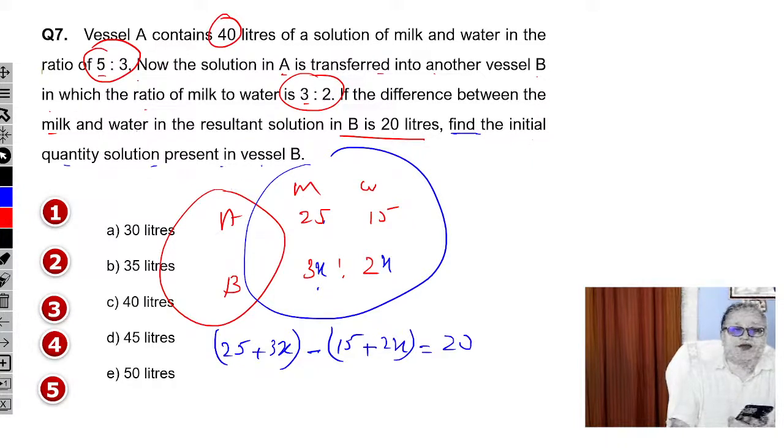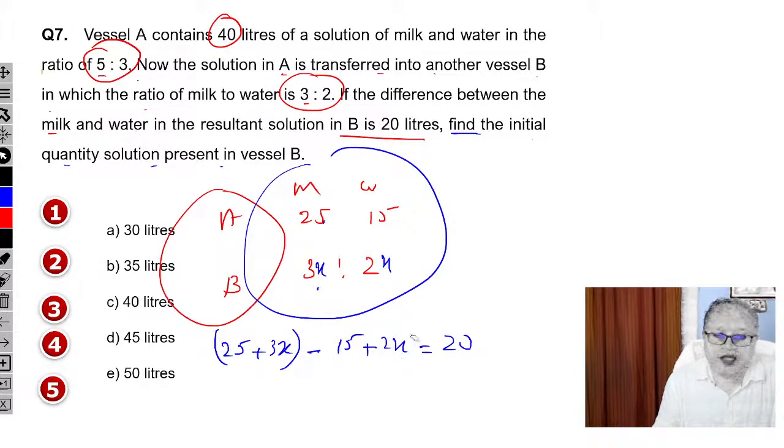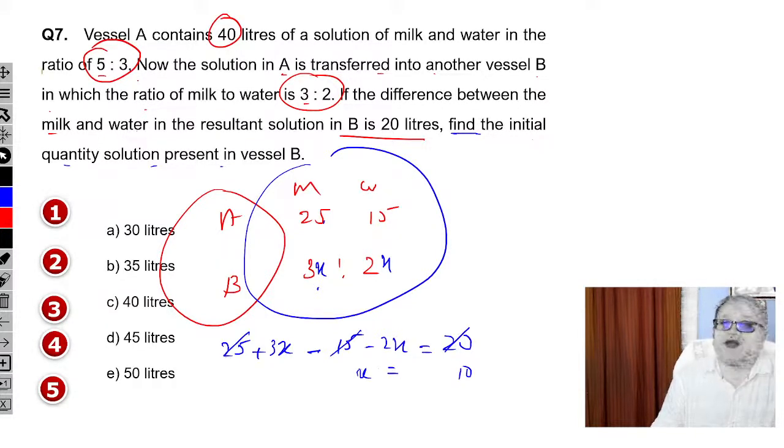Yes, my friends. From here onwards, you can find out the solution. As you open the bracket, the plus will become minus. Now you find that this is 10, and when 10 goes over here, it is 10 equals x, so x is equal to 10.